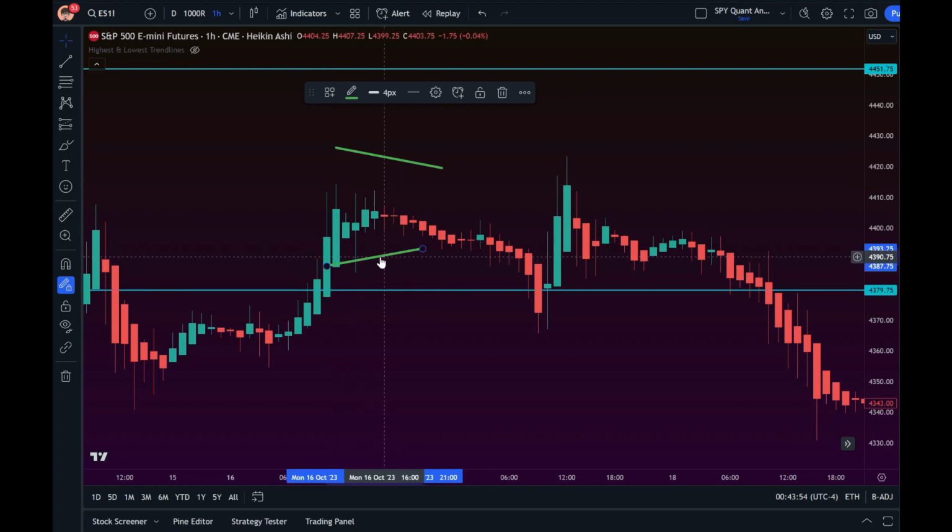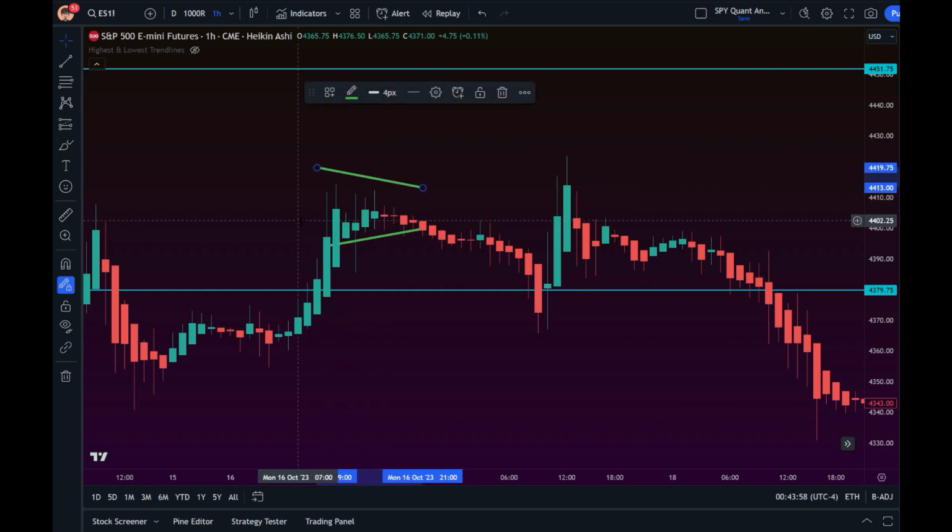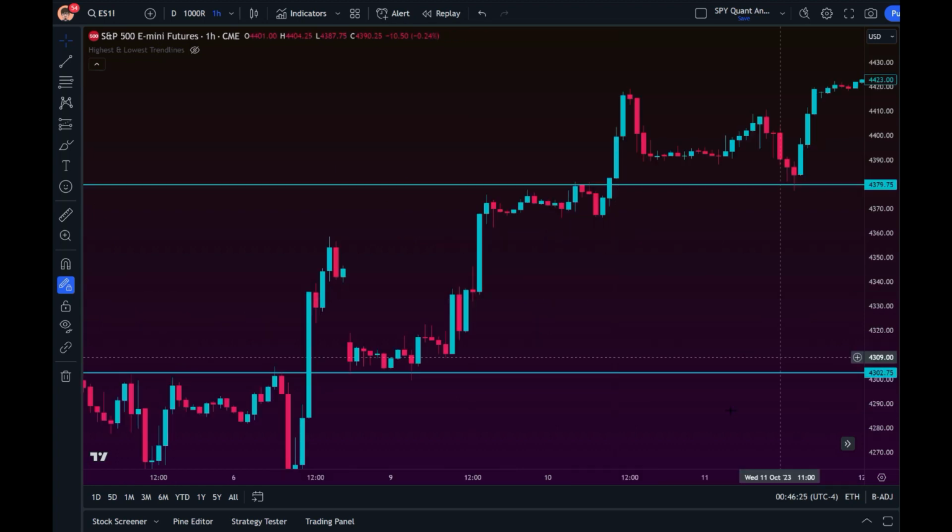So generally with a bull flag or a bear flag, you will see the formation of ascending or descending wicks, which is going to confirm that we're going to see a break up or break down, okay?